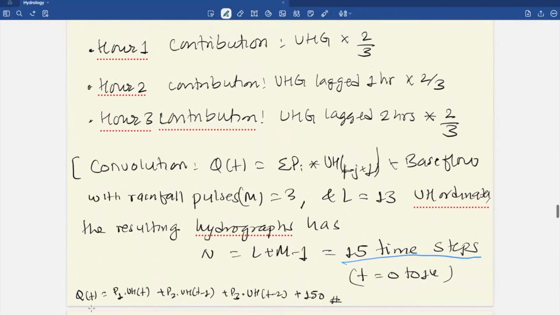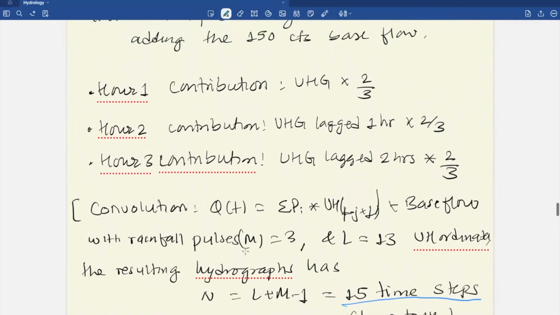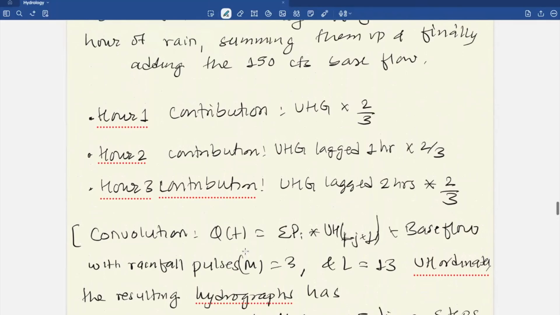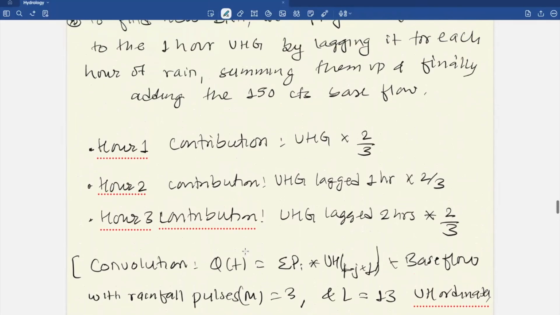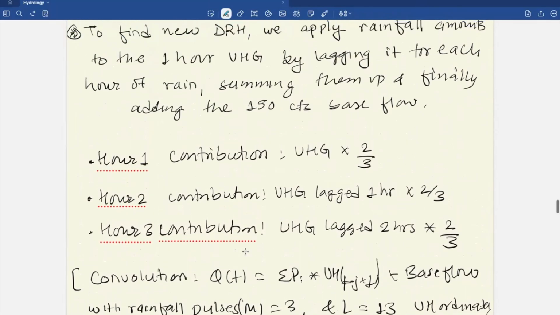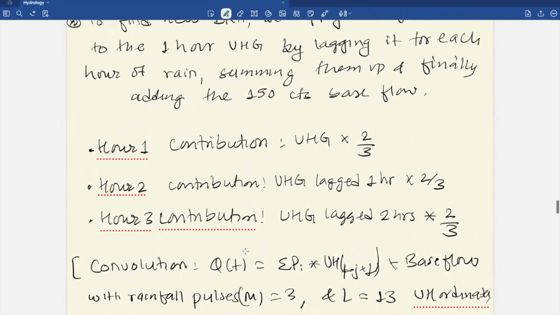So here, our convolution will be equal to Q(t) = P1 times UH(t) plus P2 times UH(t minus 1) plus P3 times UH(t minus 2) plus 150. So each rainfall pulse multiplies the entire UH and gets lagged by 1 hour. P1, P2, P3 are all 0.667.